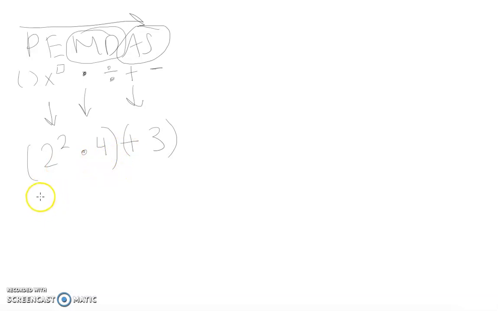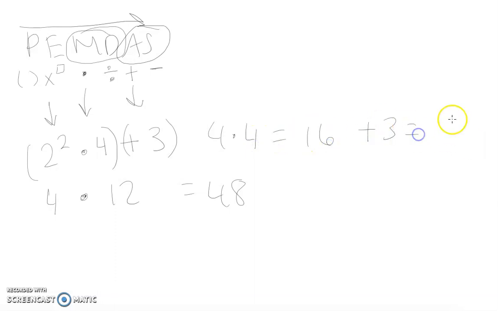Because what if you did 4 times 4 plus 3 first? That's 12, 48, right? But here it's 4 times 4, which is 16, plus 3, which is 19. So totally two different answers. That is the purpose of PEMDAS, and we're going to be using that in this first problem.